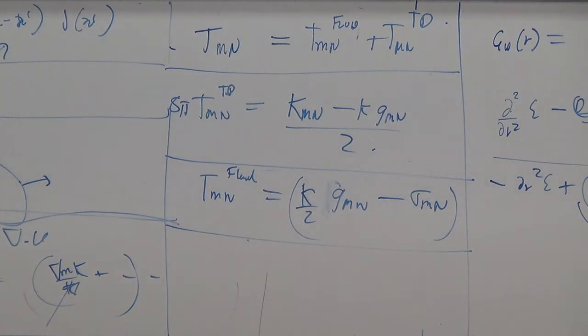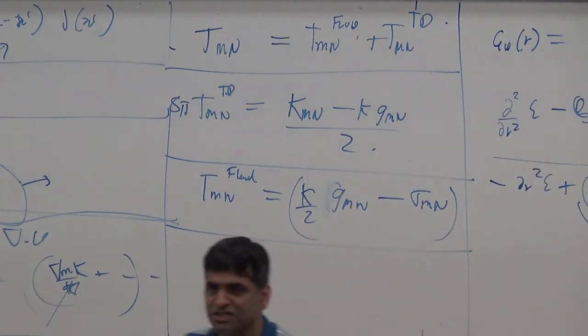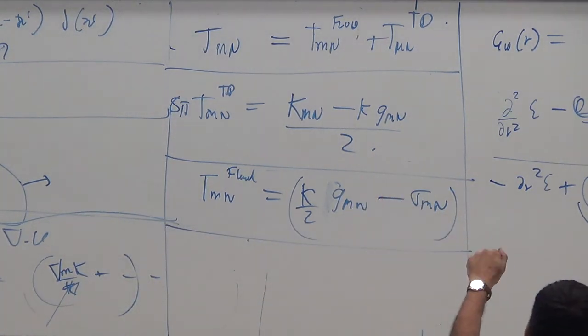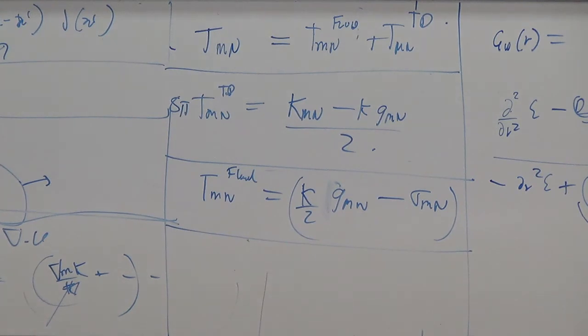So if you take any solution to Einstein's equations, slice it along any slicing, and compute this form, K_mn minus K g_mn on the slices, it will always be conserved automatically as an identity.